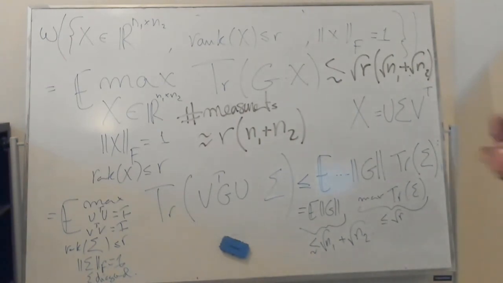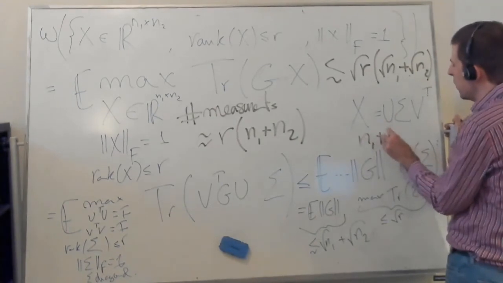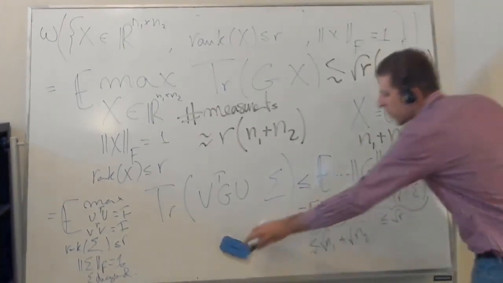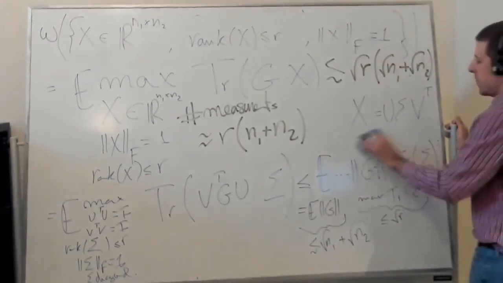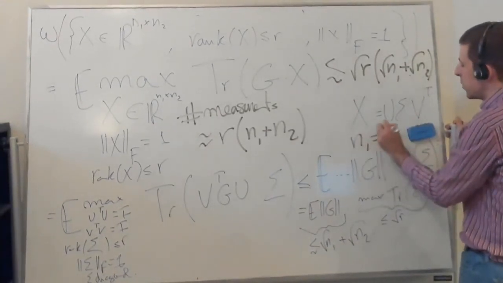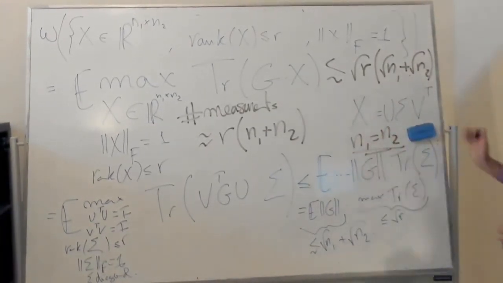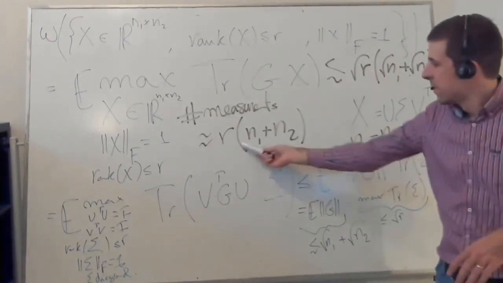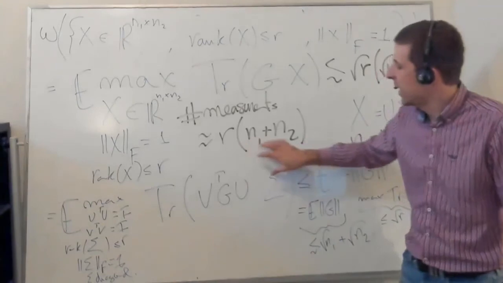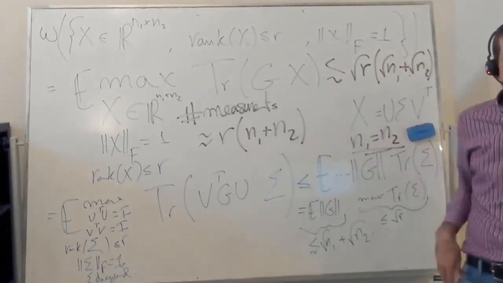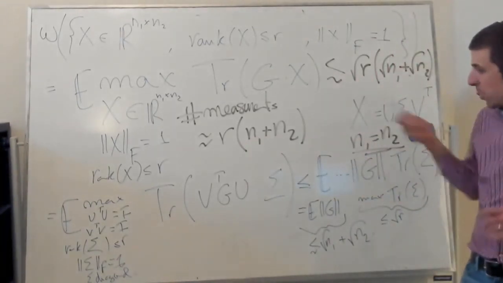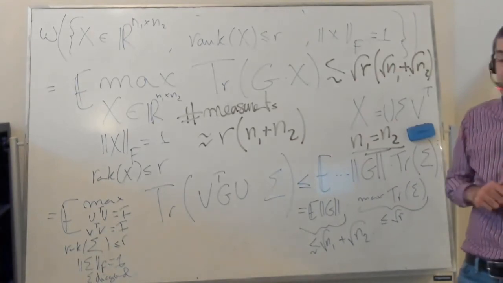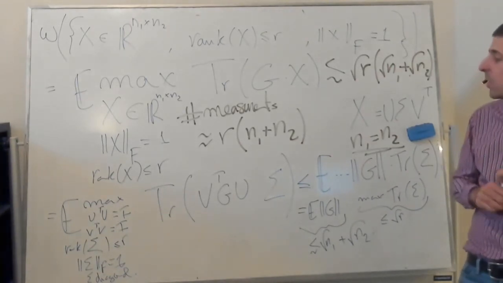For the sake of this example, let's say that N1 is equal to N2. Then this is simply the rank times twice the length of the matrix, while the number of entries in the matrix would be N squared, potentially much bigger. If R is small, this is a lot smaller.